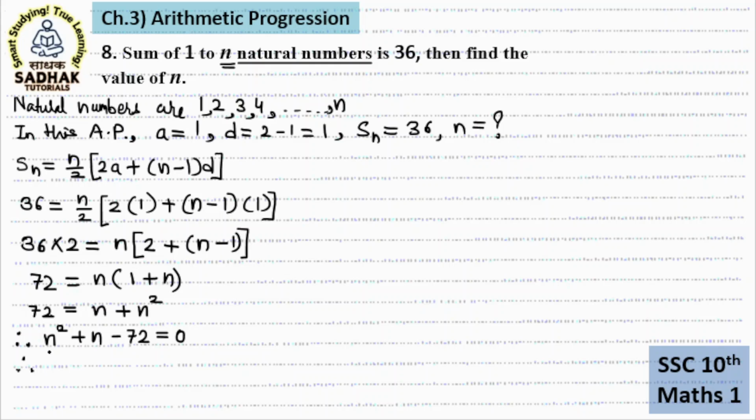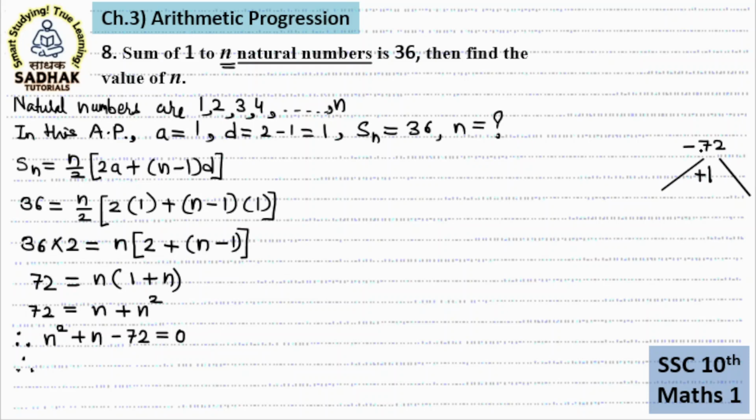Now here we can see the coefficient of n square is 1, the coefficient of n is also 1, and the constant term is minus 72.